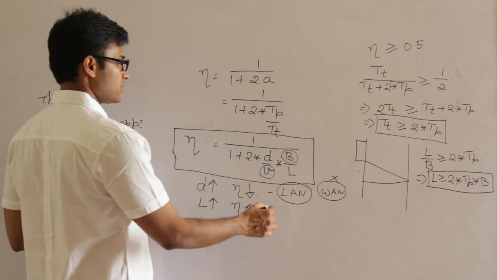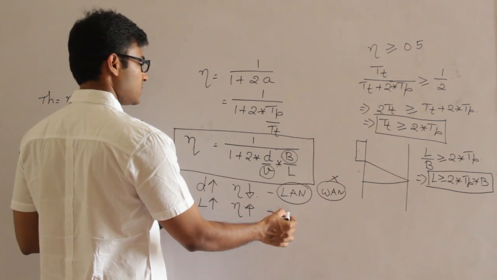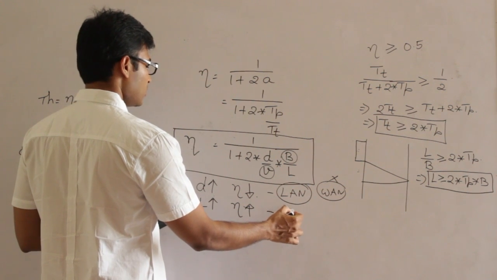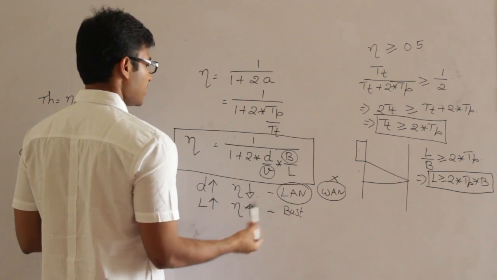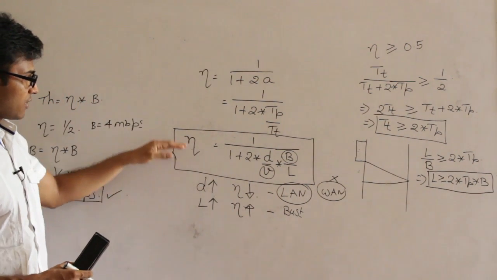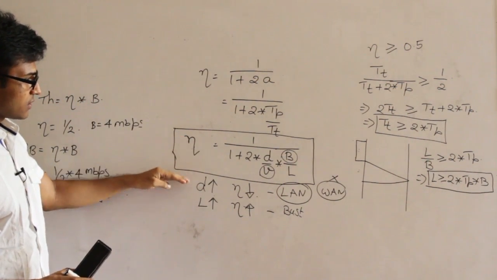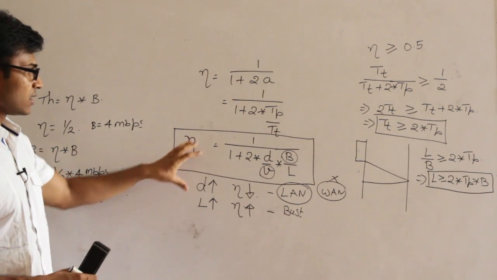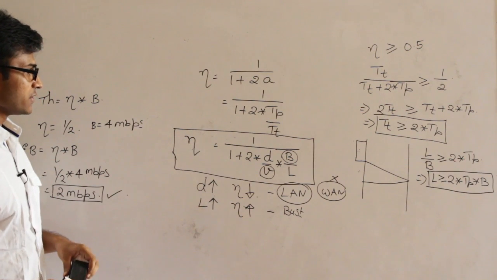Therefore, stop and wait is good for big packets and it is not good for small packets, right? So if the data is very huge, for bursty data or big packets, stop and wait is going to give better optimization. So stop and wait has to be used in case of LANs and in case of bigger packets. So that is the analysis on this efficiency.